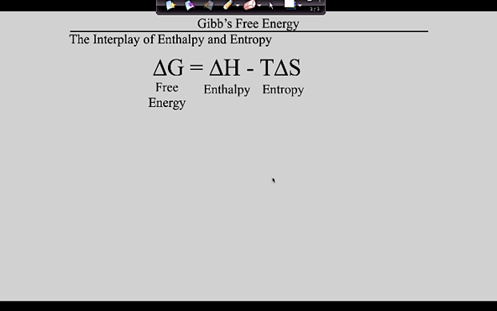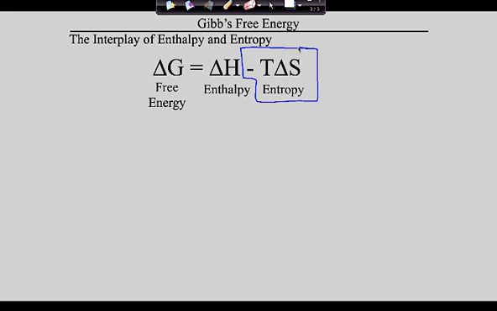T is temperature. So it's temperature times entropy. Yes, temperature, yes. So what you're going to find out, though, and I'm glad that you mentioned that, we consider this entire term to be our entropy term. So we understand that delta S is entropy, but we also understand that disorder is affected by temperature.